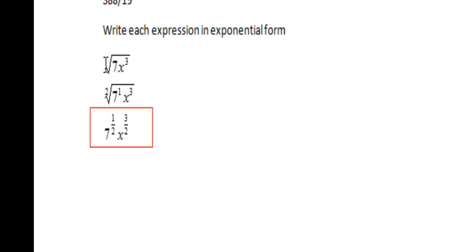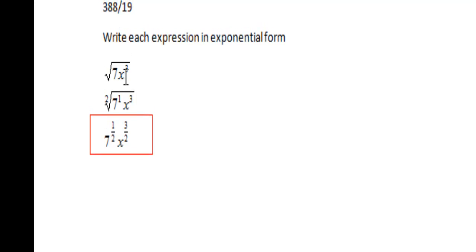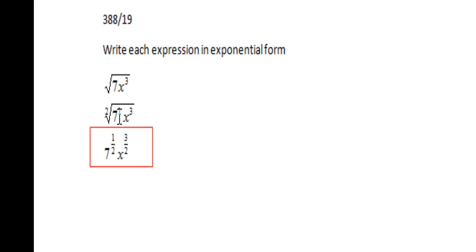For page 388, number 19, it says write each expression in exponential form. You have a radical sign 7x cubed. Now, when you don't have any index written down, you can assume, as I wrote there, that the index is 2. For each of the factors in there, you have 7 as a factor and you have x cubed as a factor. You're going to make sure that they have an exponent. So that's 7 to the 1 times x to the 3.